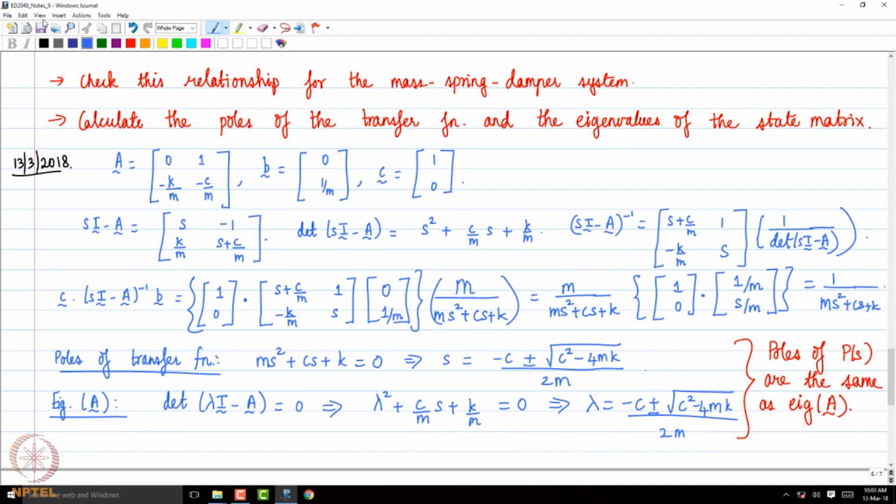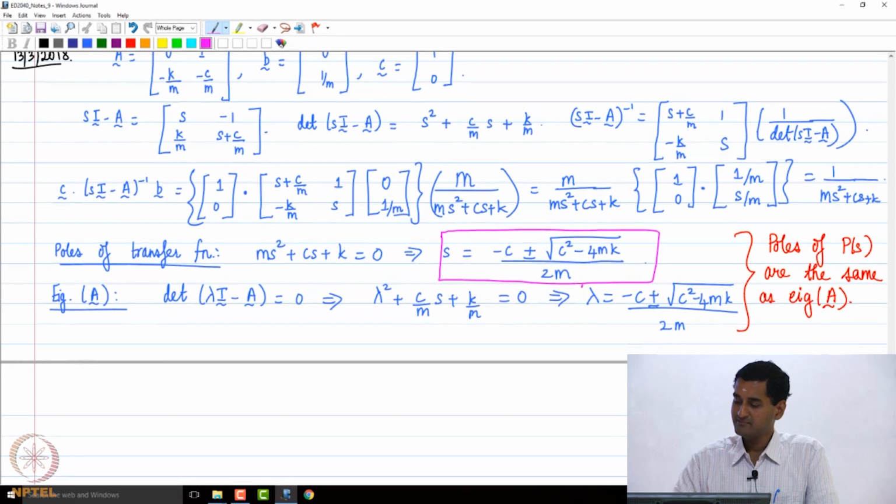And then I asked you to calculate the poles of the transfer function and the eigenvalues of the state matrix. So the poles of the transfer function are these: minus c plus or minus square root of c squared minus 4mk, divided by 2m, and we can see that the eigenvalues of the state matrix also turn out to be the same.